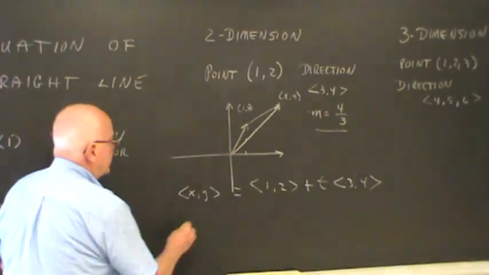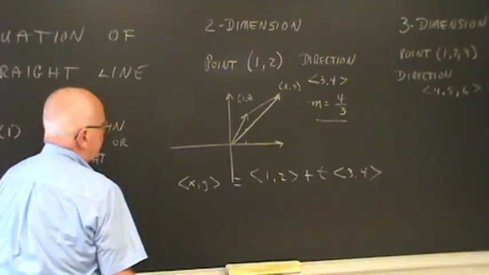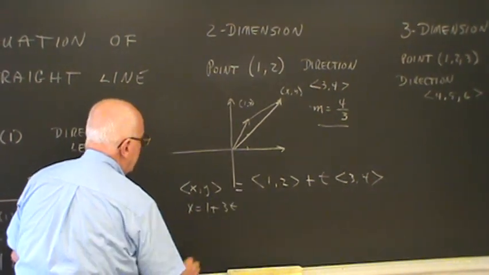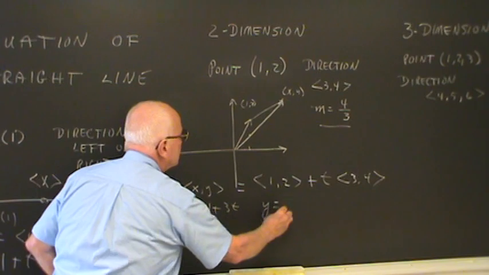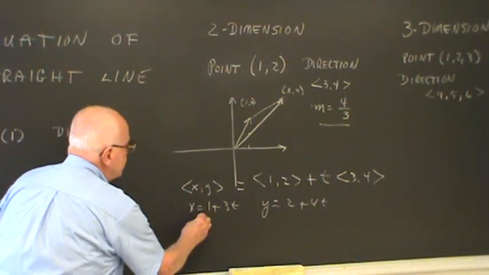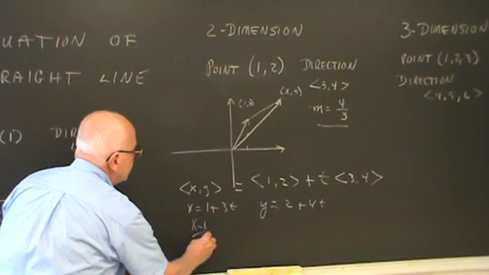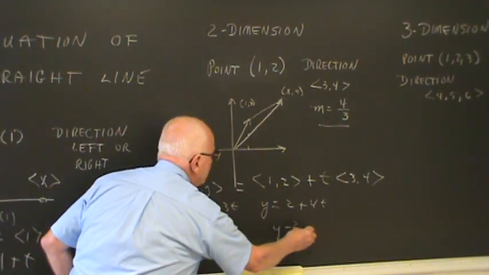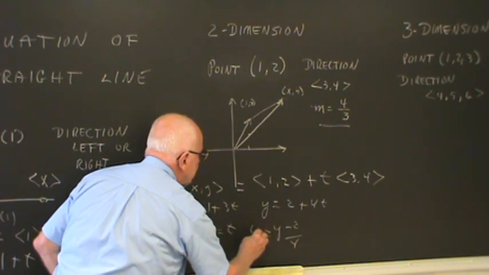Giving us equations setting the vectors equal, x equals 1 plus 3t, and y equals 2 plus 4t. Which means x minus 1 over 3 equals t, and y minus 2 over 4 equals t.